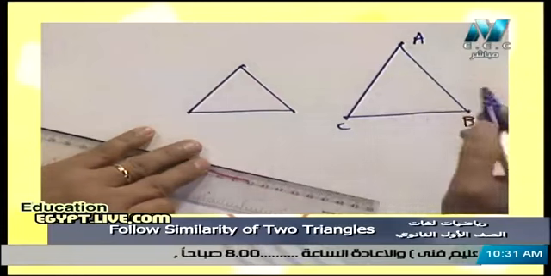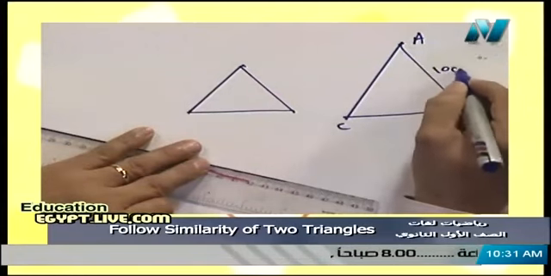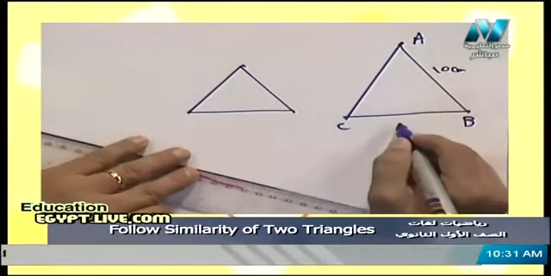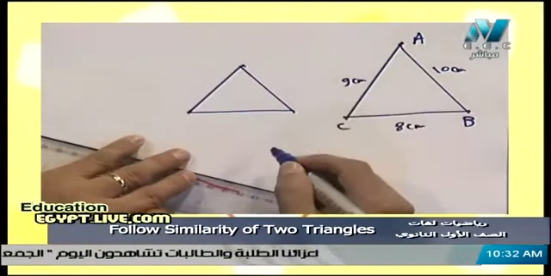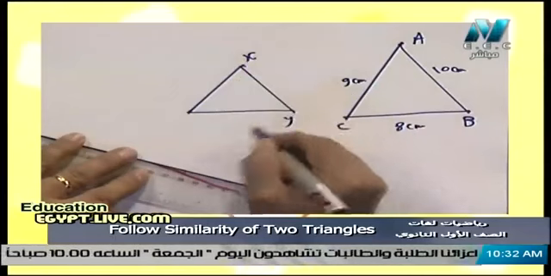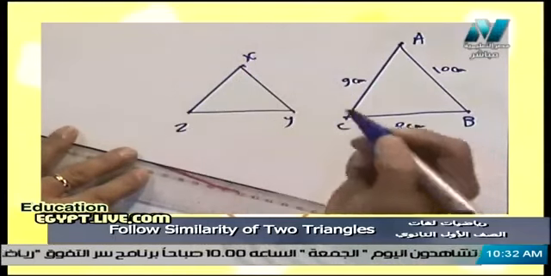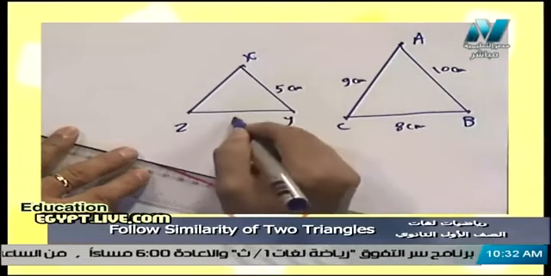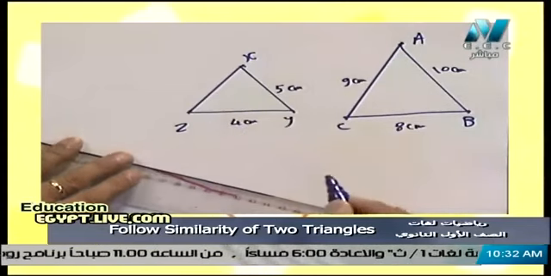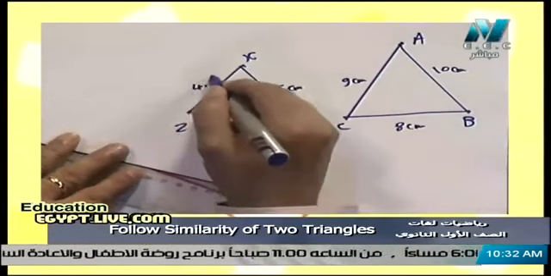Say that AB here is 10 centimeters, BC is 8 centimeters, and AC is 9 centimeters. And this triangle XYZ here, XY is 5 centimeters, ZY is 4 centimeters, and XZ is 4.5 centimeters.